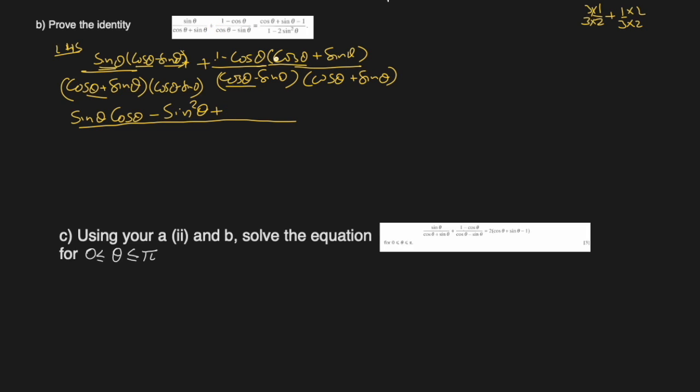So 1 times cos theta is cos theta. 1 times sin theta is sin theta. Minus cos times minus cos is minus cos square theta. Minus cos times sin will be minus cos theta sin theta. And the denominator is exactly the same for both.